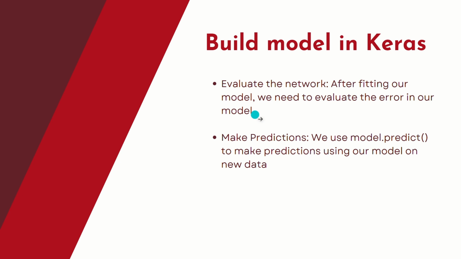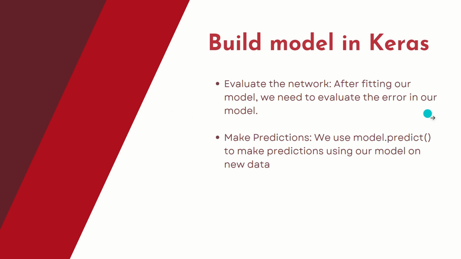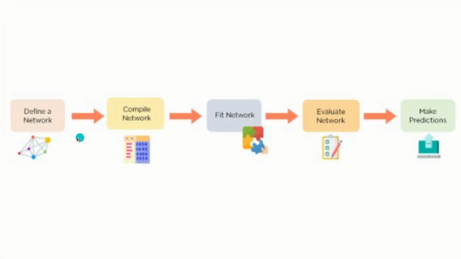Then you evaluate the network. After fitting our model, we have to evaluate the error in our model, and then you make predictions. model.predict is the line of code which will be used to make predictions. Now this was a bit more complex to understand. If you just look at this diagram, first you define a network.